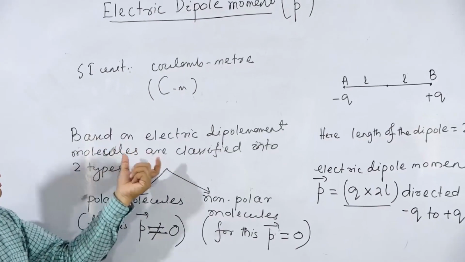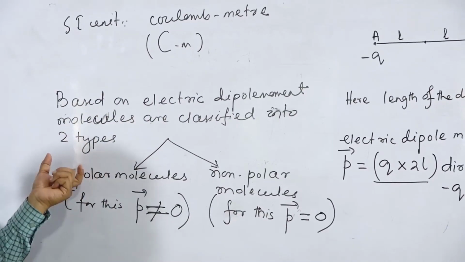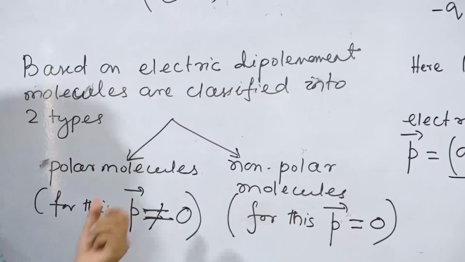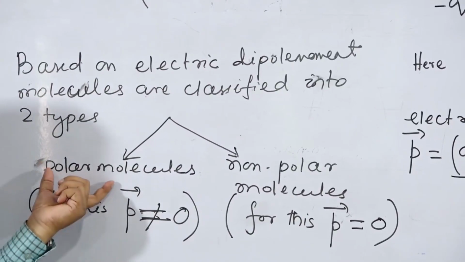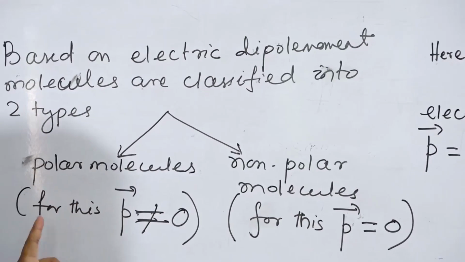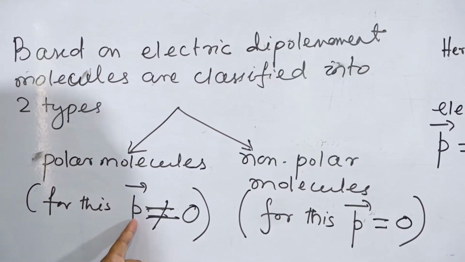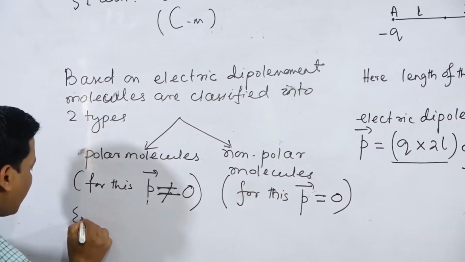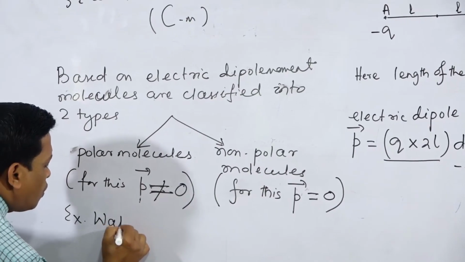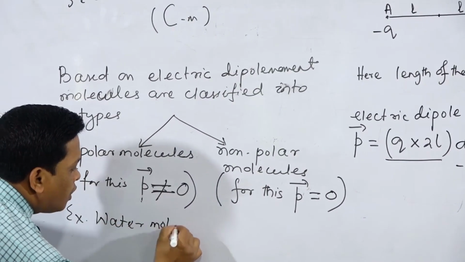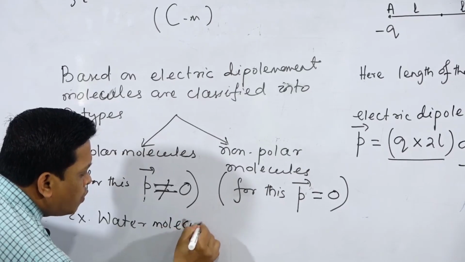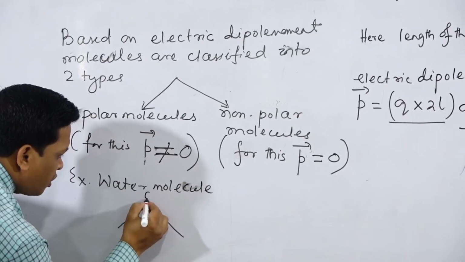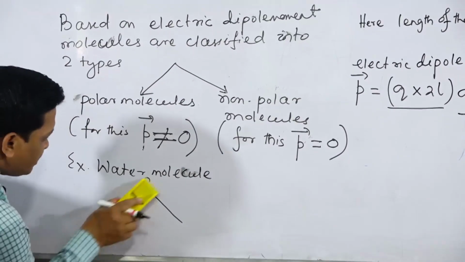Now based on electric dipole moment, we classify the molecules as polar molecules and non-polar molecules. Polar molecule is that molecule whose resultant electric dipole moment is not zero. For example, water molecule, by virtue of its V-shaped structure.